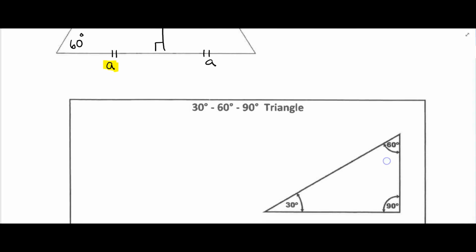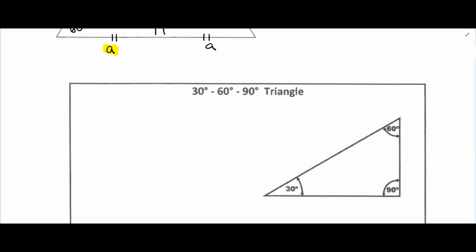So here we've got our box here. We've got 30, 60, 90 triangle.